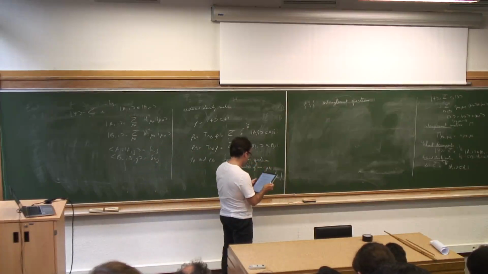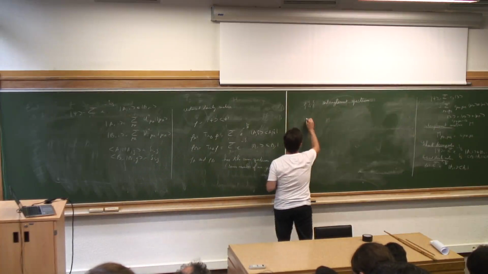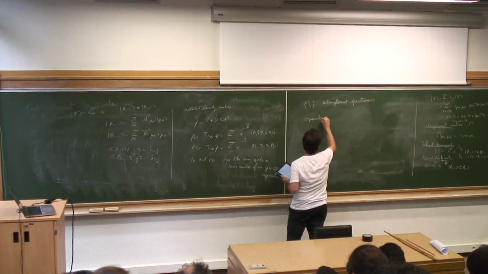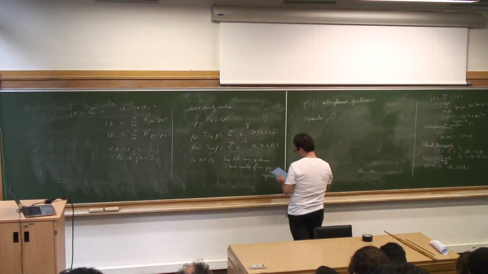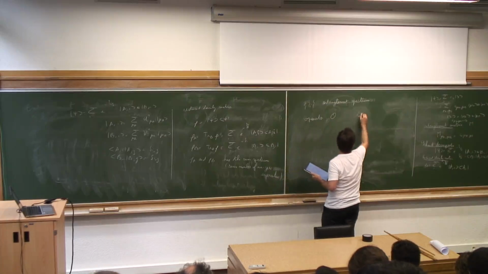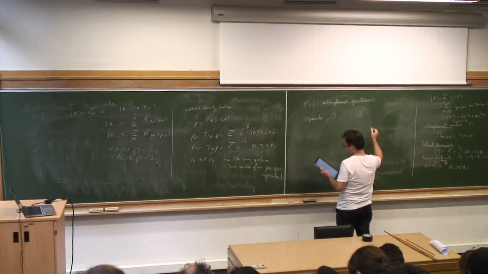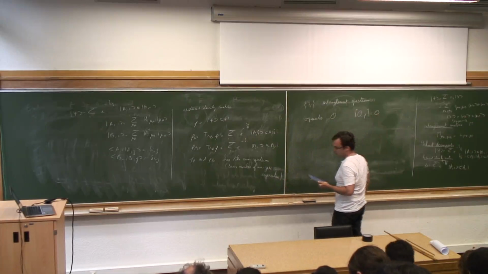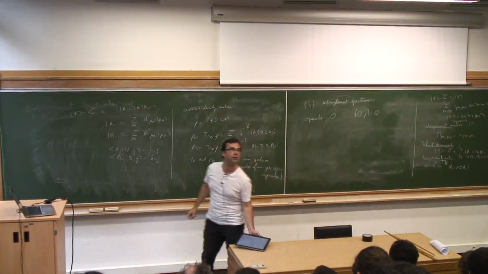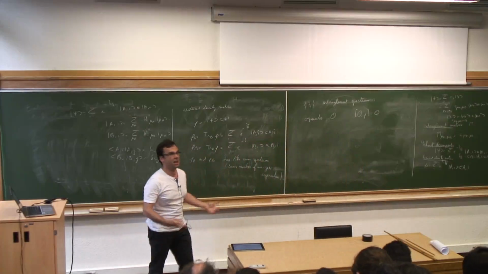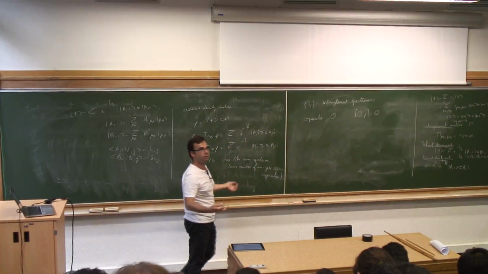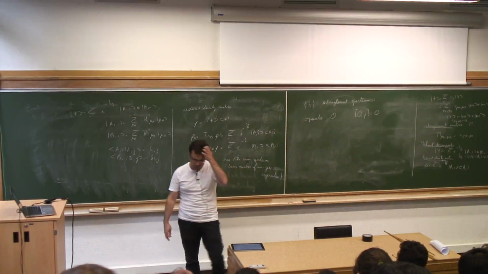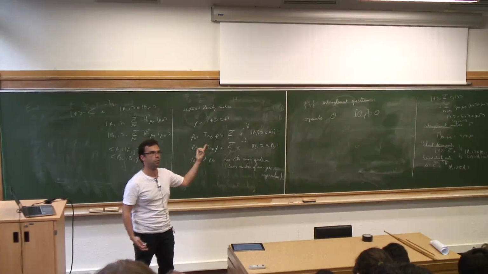So let's imagine that you have an operator, O, which commutes with a density matrix. A good example, if psi is an eigenstate of an Hermitian operator, then you have this property.